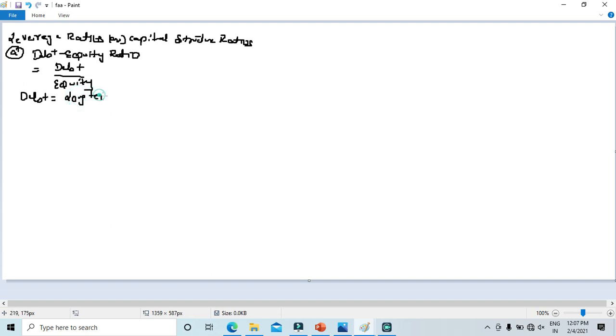So 2,30,000, 40,000 you need to take down, and 4 lakh, these all three you need to take down. Debt is 4,20,000, so we'll take this. Debt is only one, debentures. How much has he given? 4,20,000. The numerator is 4,20,000 and the denominator will be here.